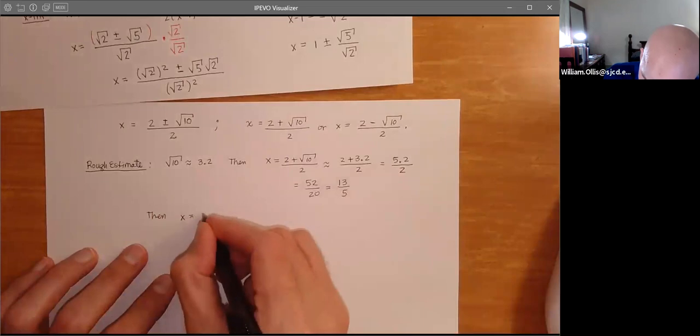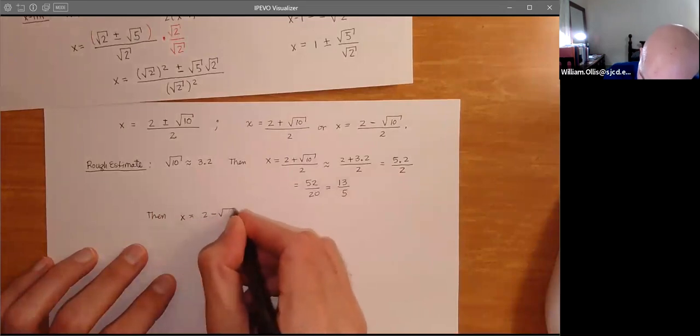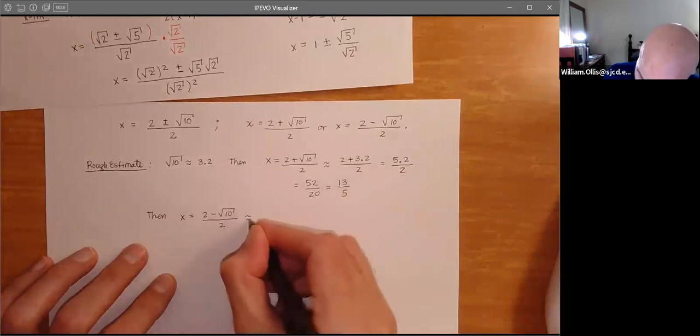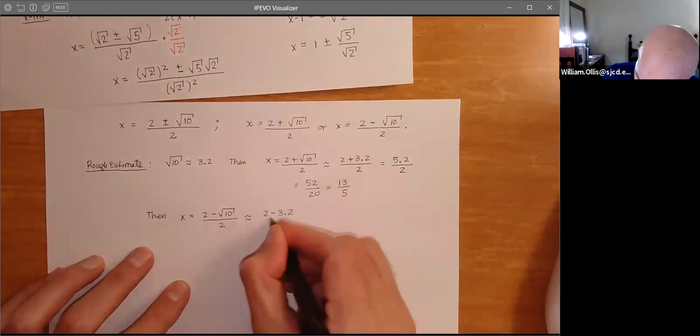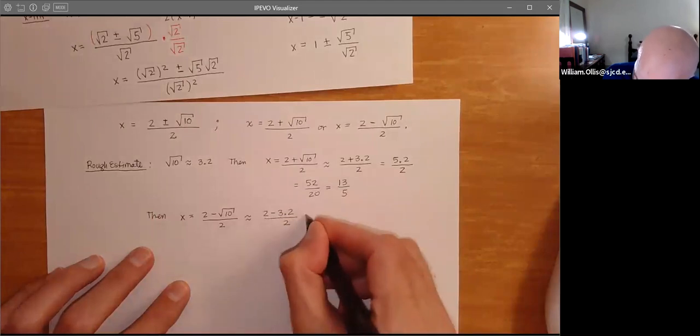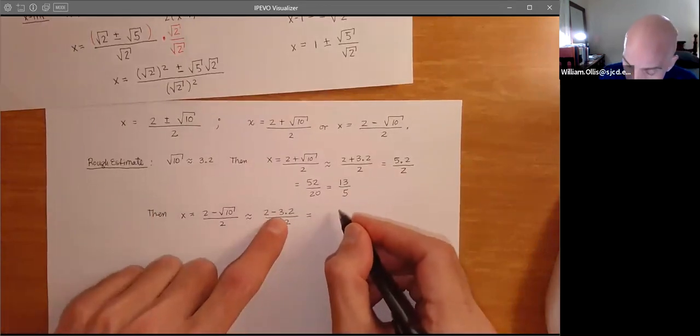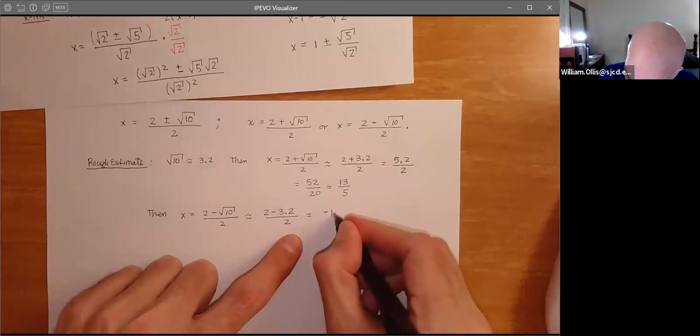X equals (2 minus square root 10) over 2 is approximately (2 minus 3.2) over 2. And so now we'll get the negative 1.2.